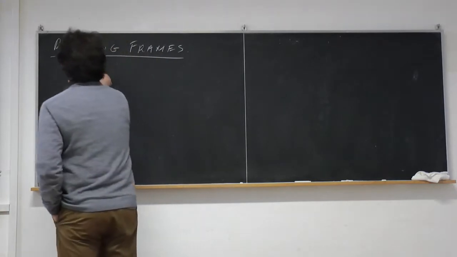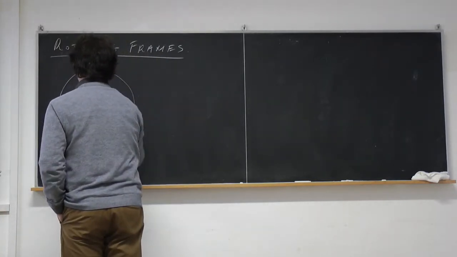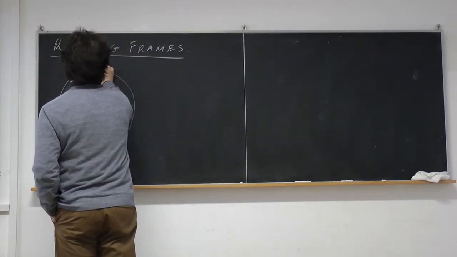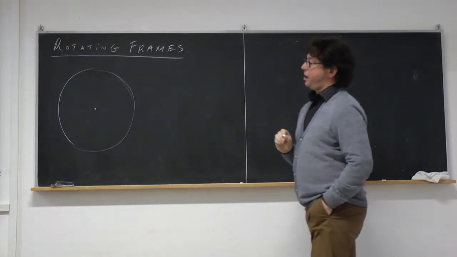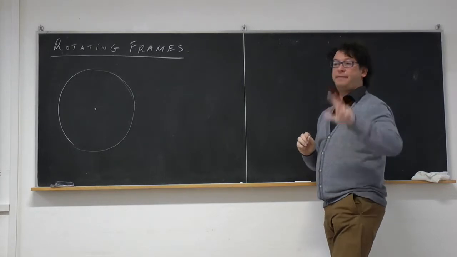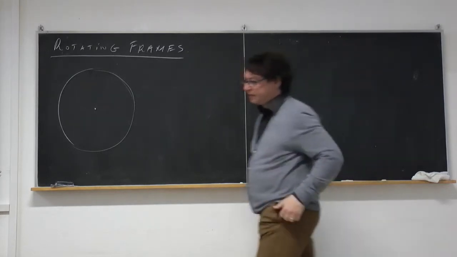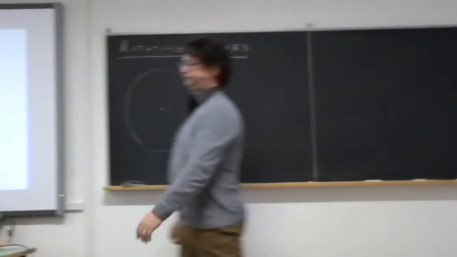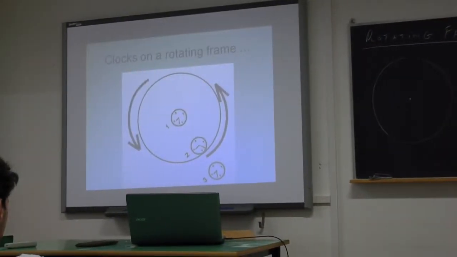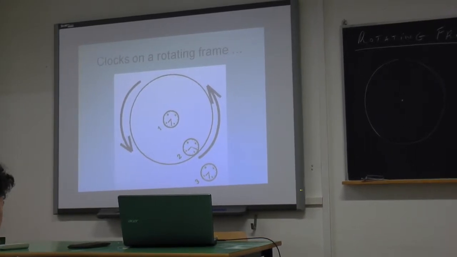Imagine you are in the frame, at rest. Imagine you have 2 or 3 or 4 observers. This refers to a very simple Einsteinian idea: clocks on a rotating frame.